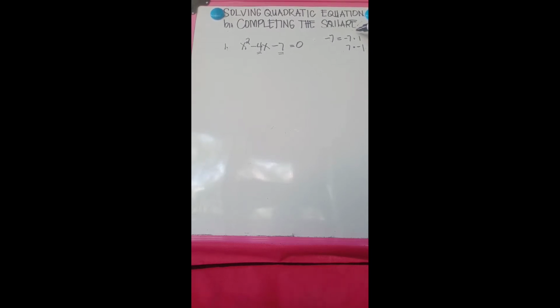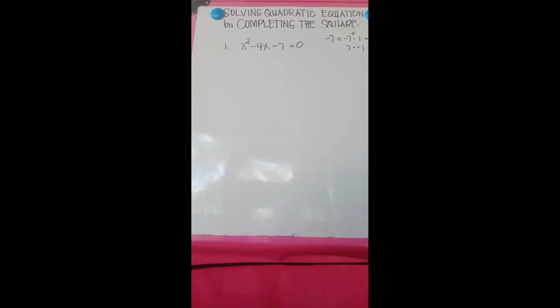Now, if we are going to add this, the sum of negative 7 and 1 is negative 6. And then here, if we are going to add 7 and negative 1, the answer is positive 6, which are not equal to negative 4. So, ibig sabihin, hindi natin pwedeng isolve ang equation na to by factoring.